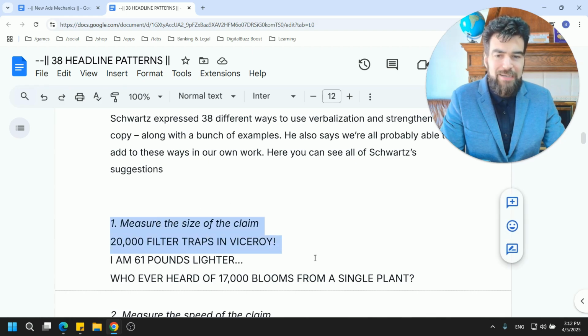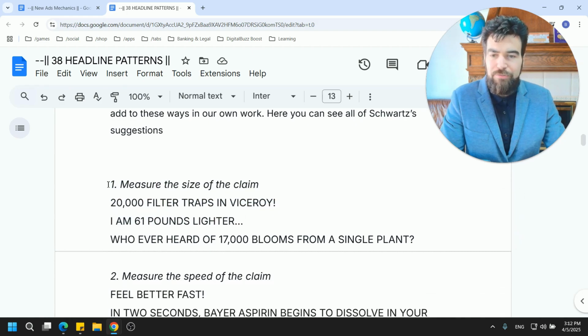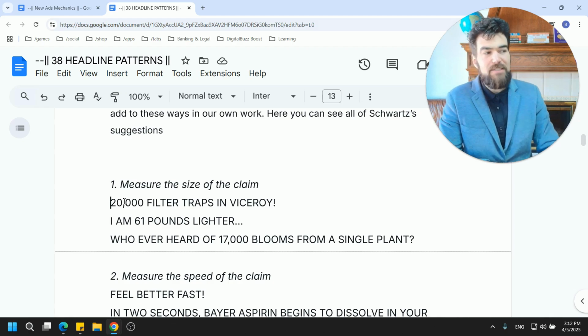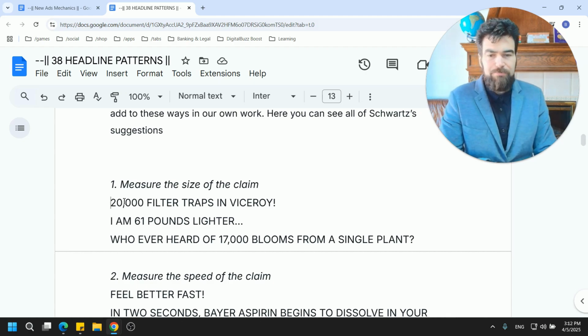And to give you an example of that, the first one is measuring the size of the claim. So this is a headline for cigarettes, and here, if we just state Viceroy, which is the brand name, Viceroy Tasty Cigarettes as a headline, that might work in a very unsophisticated market, but it's a very simple headline.